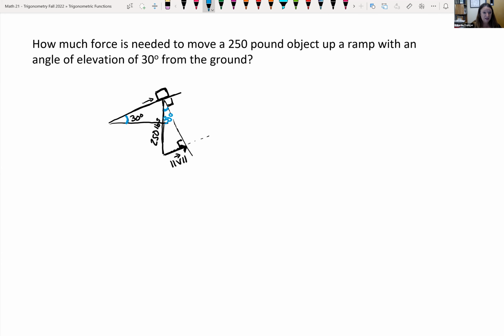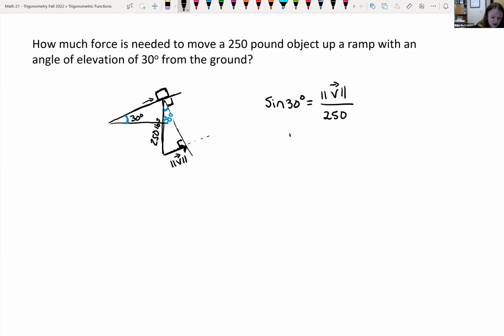On these examples with ramps, it's a right triangle, and I have the angle 30. I want to find the opposite, and I know the hypotenuse, which is 250. Opposite and hypotenuse tells me I'm going to use sine. So sine of 30 degrees is equal to the side opposite, the magnitude of vector V, all over the hypotenuse, 250.